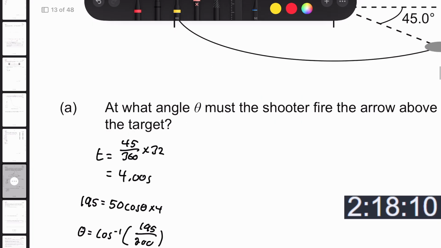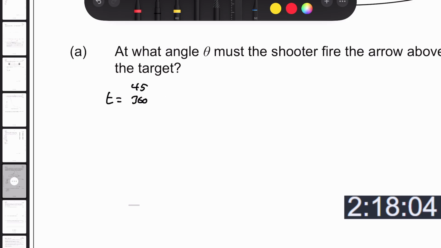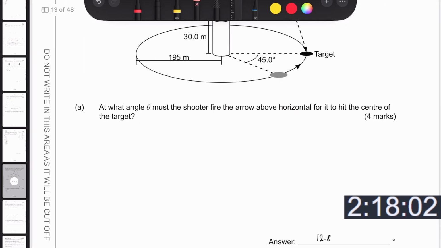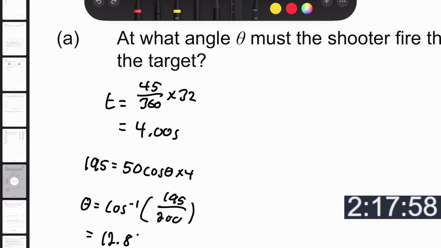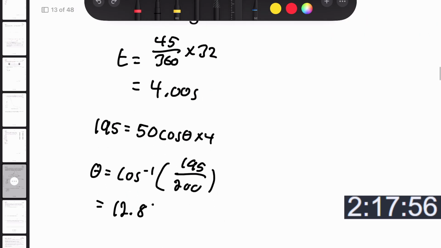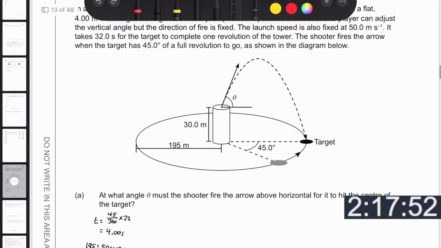Oh wait, no, I think I understand now. The target moves, not us shooting it. So the time it takes is going to be 4 seconds. But wait, then that should work.